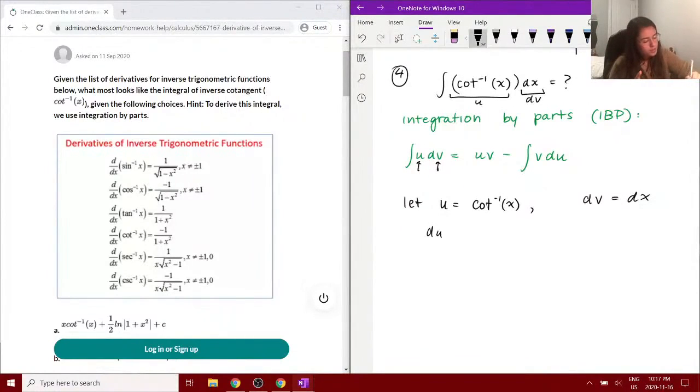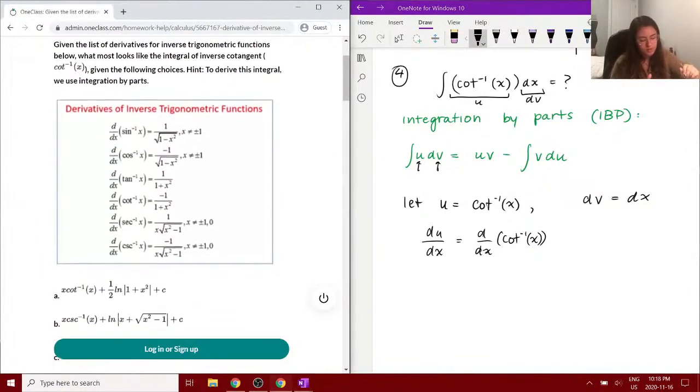So we need to take the derivative of u in order to get our du term here. That means we need to take the derivative of the inverse cotangent. That's why this chart here becomes useful.